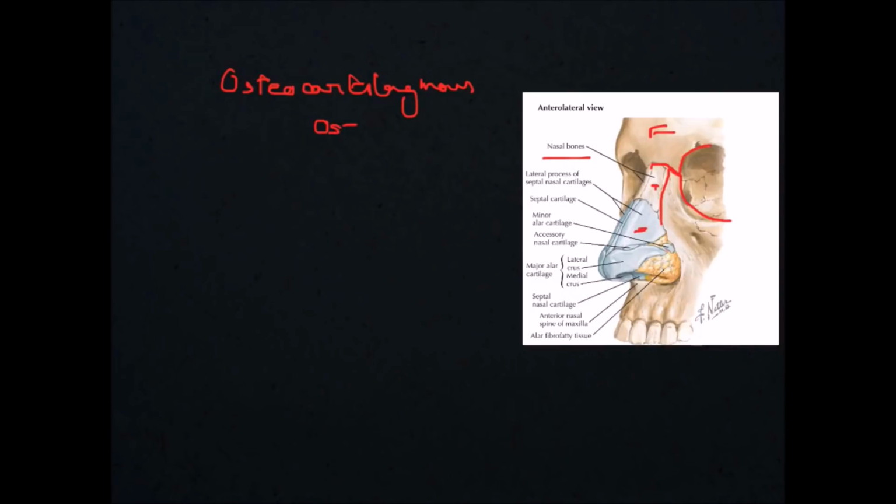The two paired bones are the nasal bone and the maxillary bone. Since they are present on each side, they are paired bones. The unpaired bone is the frontal bone, that is, the nasal process of the frontal bone.